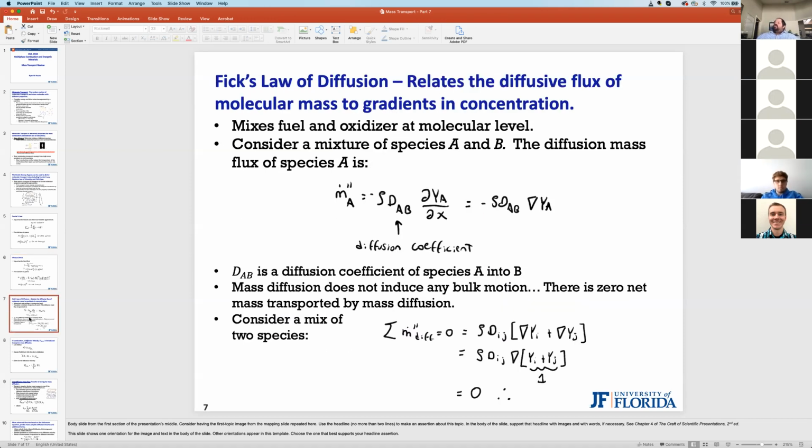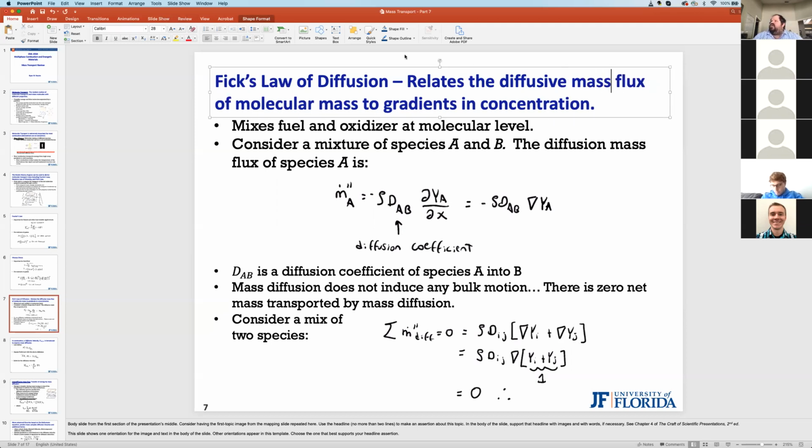Okay, so now what a lot of you have not seen before is Fick's law of diffusion. And this relates the diffusive mass flux, the flux of a molecule, to the gradients in concentration. And so Fick's law, basically for a flame, will mix the fuel and oxidizer at the molecular level.